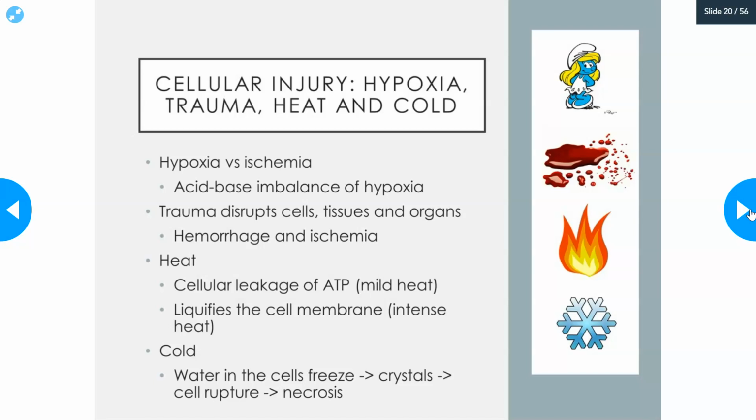And it's worth noting that hypoxia can cause some acid-base imbalances because as the tissues lack oxygen, they are still going to try to survive and produce ATP, and they're going to do that simply by glycolysis and not by the Krebs cycle, which is an aerobic process.